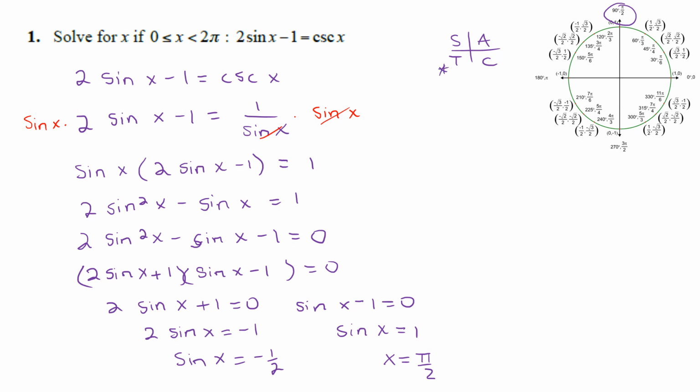That would be quadrant 3 and quadrant 4. Remember ASTC is all students take calculus. Looking in those two quadrants, I see 7 pi over 6 and 11 pi over 6. So the solutions to this problem will be pi over 2, 7 pi over 6, and 11 pi over 6.